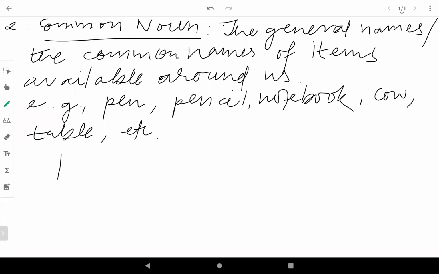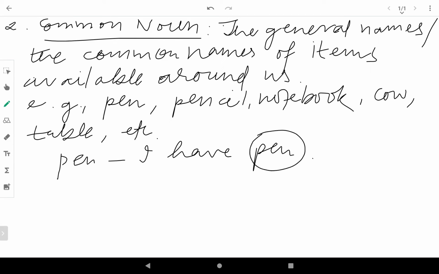Suppose if I say pen, I'll use this word pen in a sentence. I have pen. Suppose if I make this sentence, then what makes this sentence incorrect? I have simply used a common noun here, pen. Now, what makes this sentence incorrect?